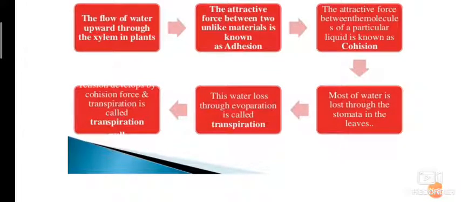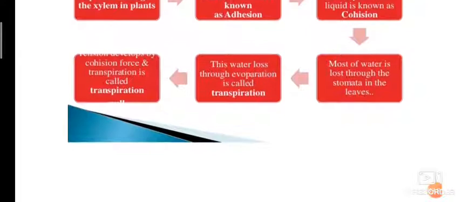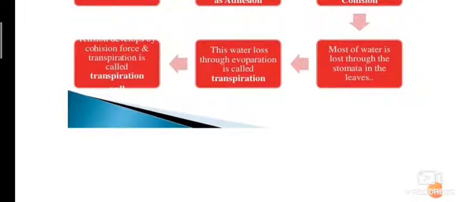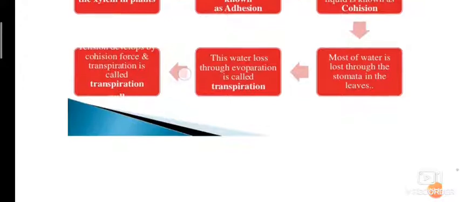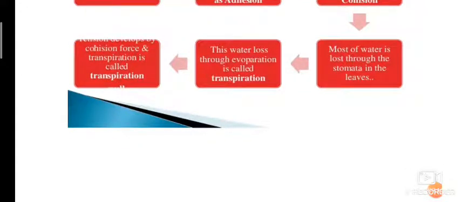Most of the water is lost through the stomata in the leaves. This water loss through evaporation is called transpiration. Transpiration and cohesion force together are called transpiration pull.